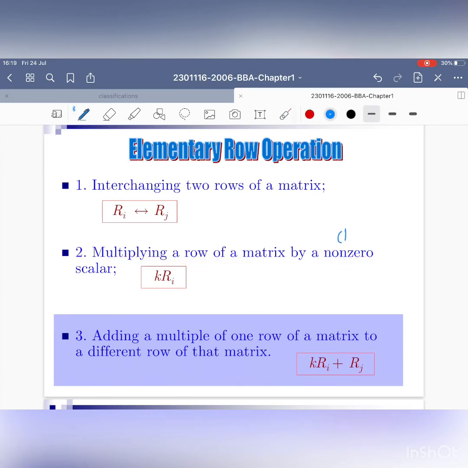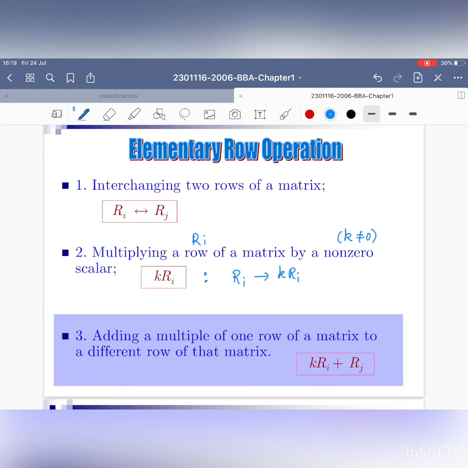Don't forget that k is not zero, and then you just multiply the whole row Ri by k. Sometimes this is written as Ri becomes kRi, so that it is not confusing which row changed.